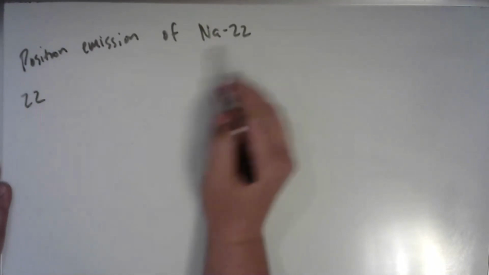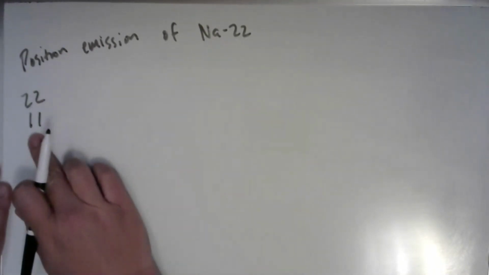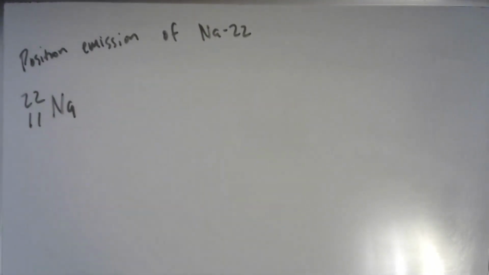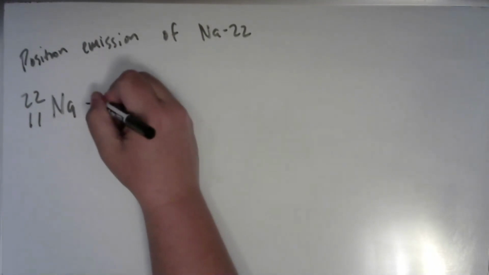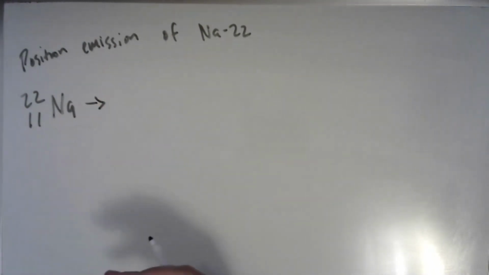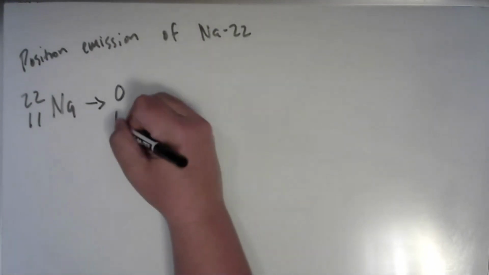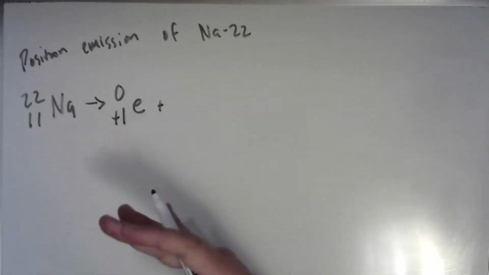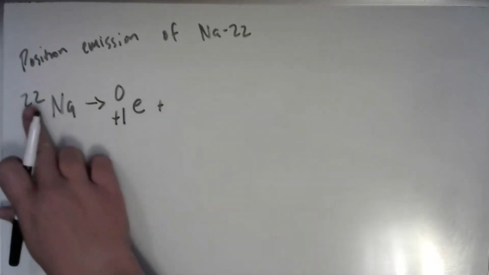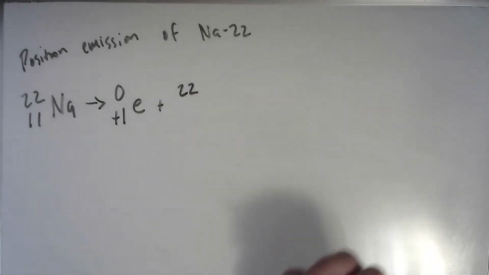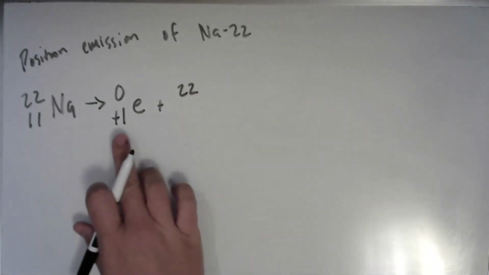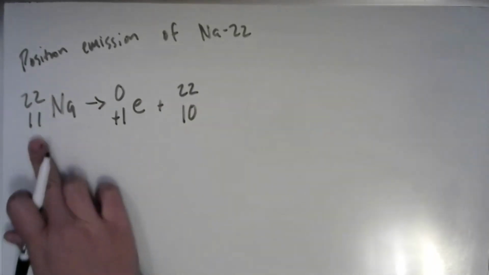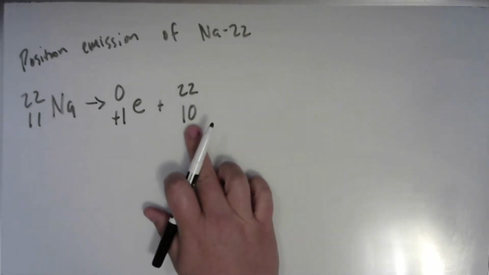So it's going to be a mass number of 22, an atomic number of 11, chemical symbol for sodium. Positron emission means that we're going to be emitting that positron particle. And that's going to be a 0 and a +1. Okay, so what's left after my positron particle is emitted? I'm going to have 22 for a mass number, and I'm going to have 10 for an atomic number, because 10 plus 1 is 11. Number 10 on the periodic table is going to be neon.